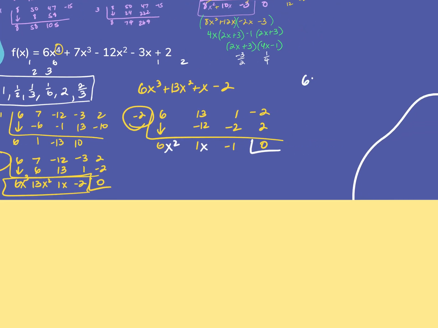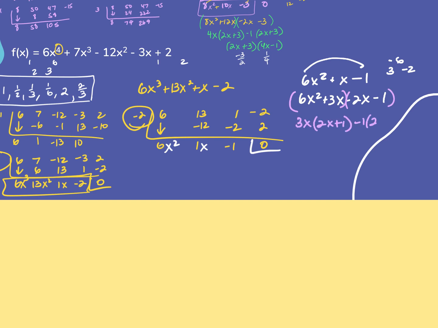So I get 6x squared plus x minus 1, factors of -6 that sum to +1, 3 and -2, 6x squared plus 3x minus 2x minus 1, and then we factor by grouping. Take out a 3x.